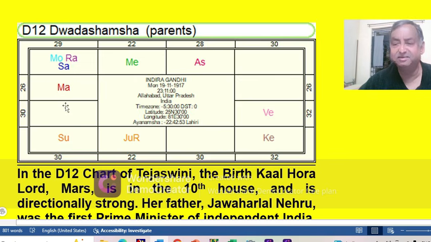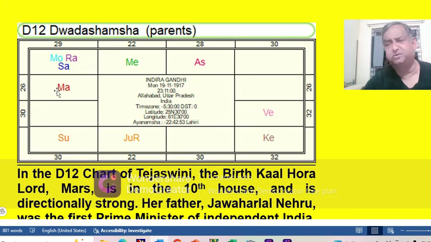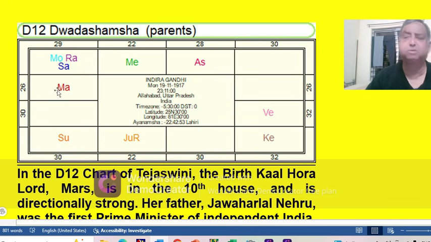When Mars is in the 10th house, it is directionally strong. Her father was Prime Minister. Just at a glance, once you master the calculation part, I have tried my level best to make the calculation part easy. Now it is up to you how much you can master.